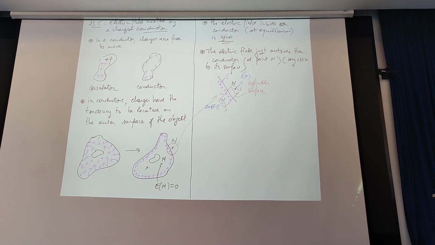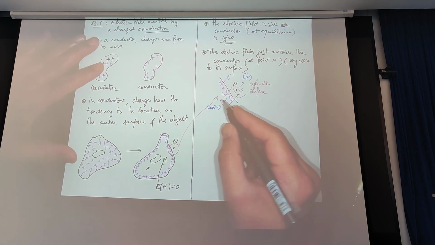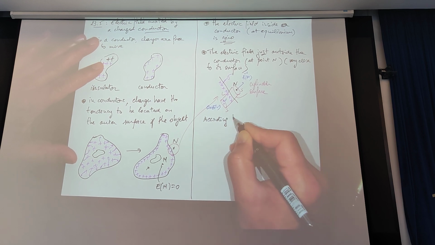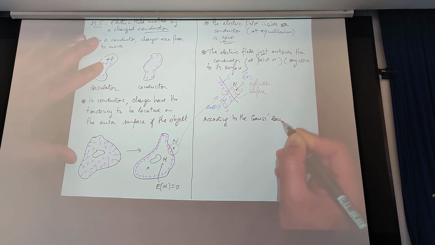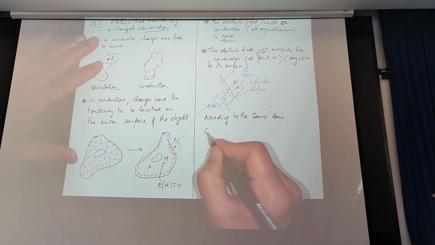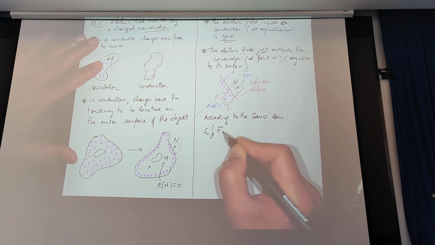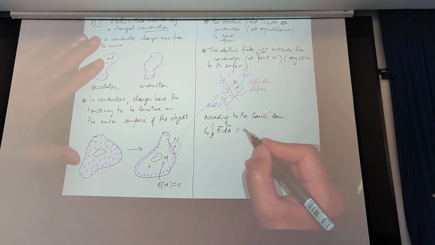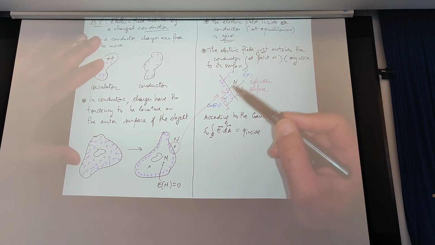Okay, so now if we apply the Gauss law as before, according to the Gauss law, epsilon 0 times the flux of the electric field through the surface is equal to the charge inside.